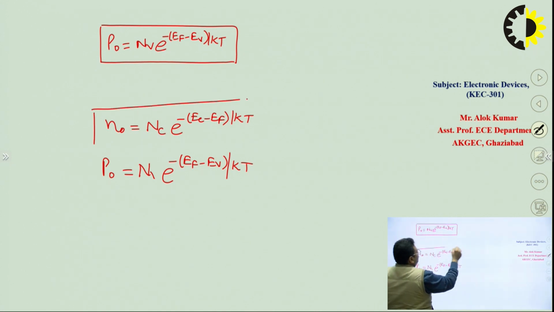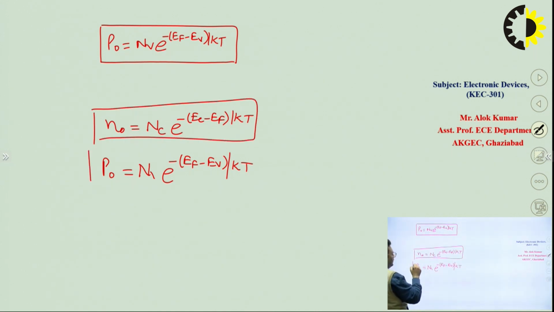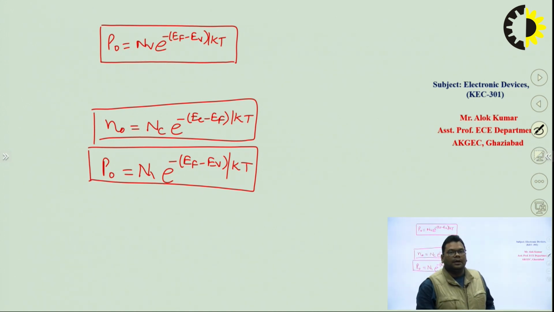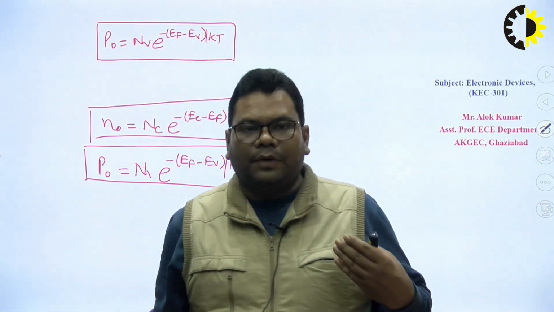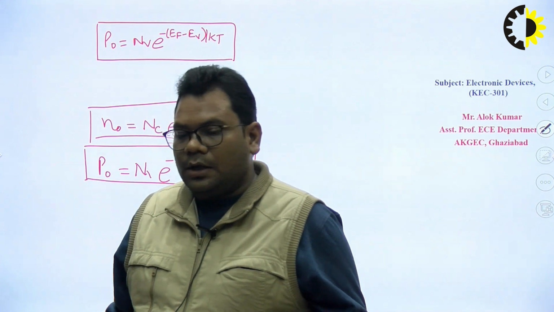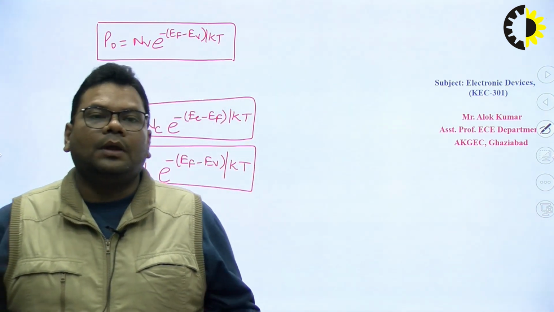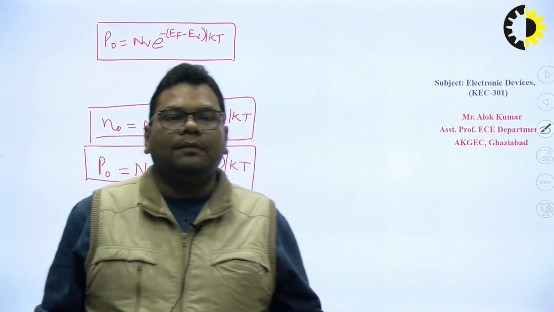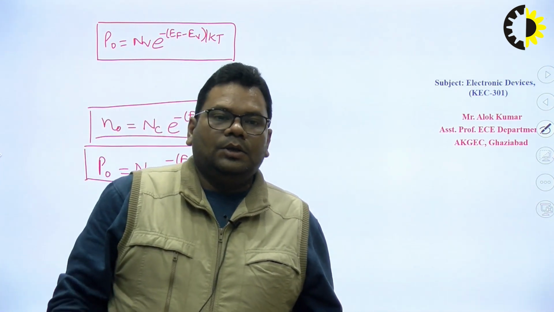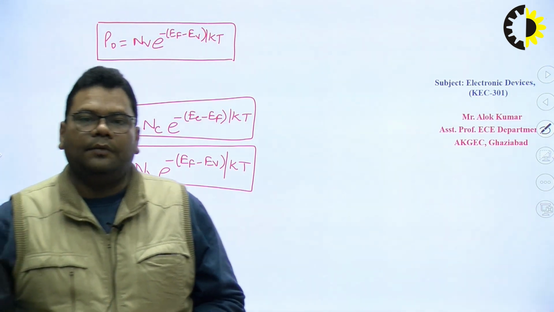These are the two important derivations that we have done today. These equations are important, as using them we can find the position of the Fermi level in N type or P type semiconductor. So in this lecture we will stop here.